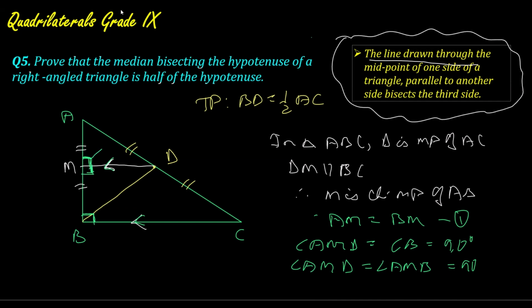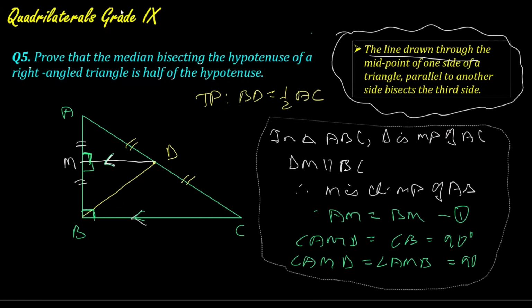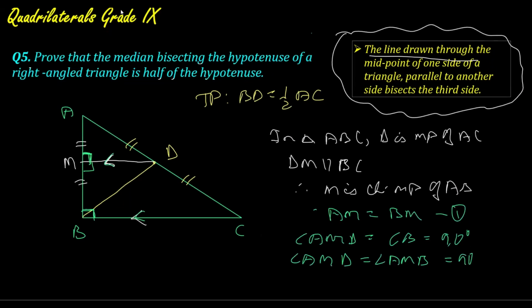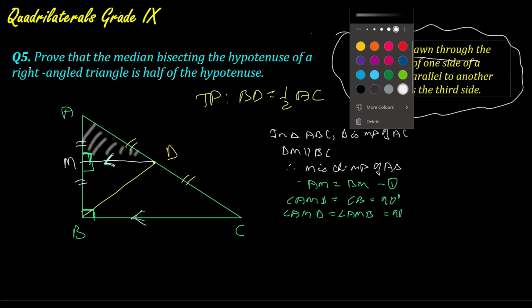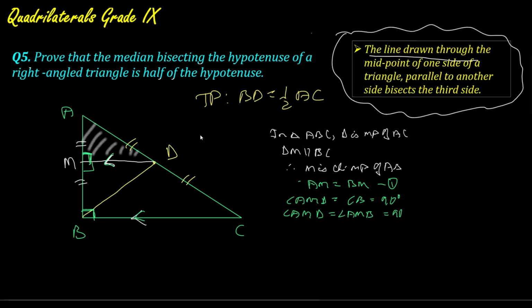Now, once we have these two angles as 90 degrees, the next thing that we are going to do is to prove these two triangles congruent. Let me show you what triangles I'm talking about. I'm going to consider one as this, and the other triangle as this one.